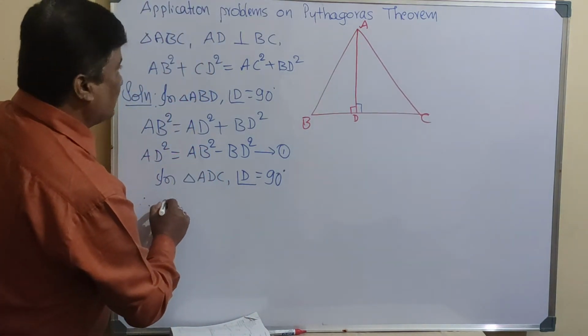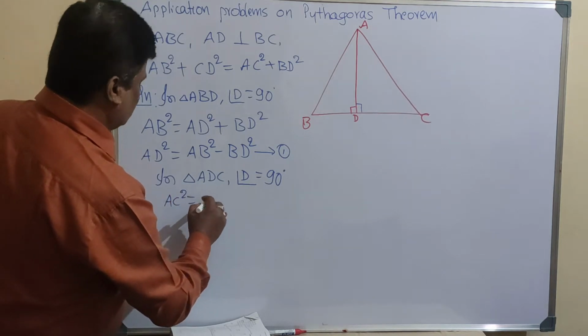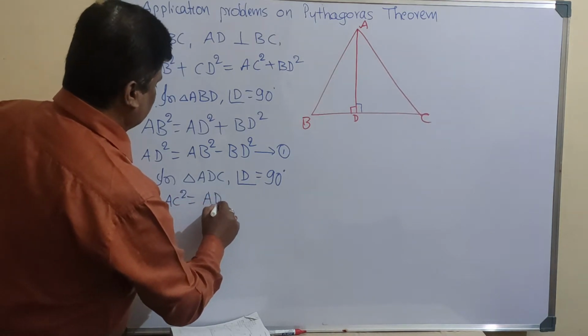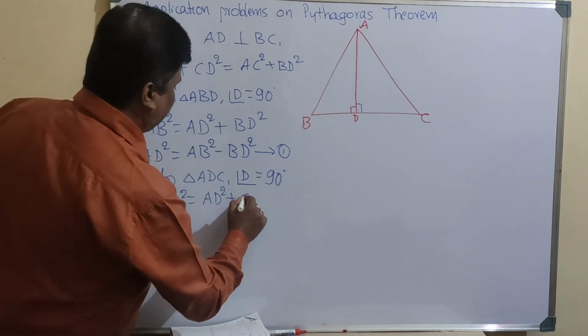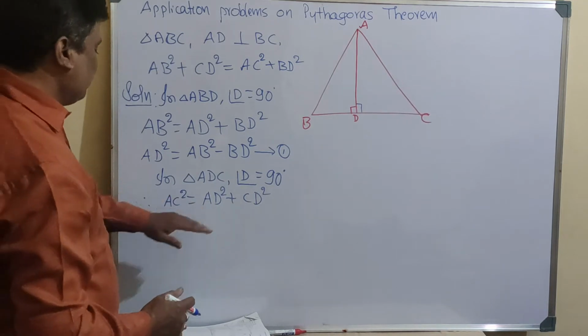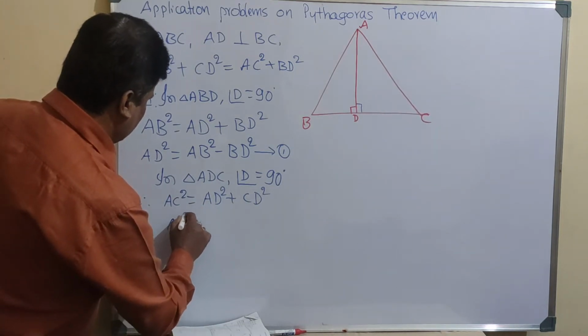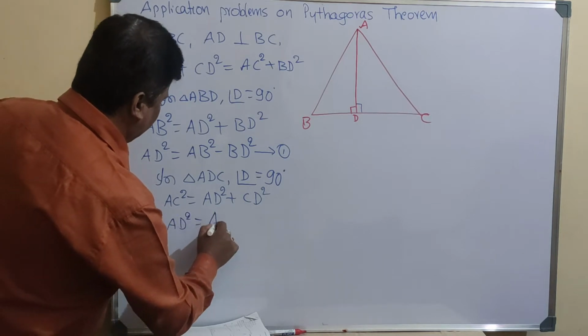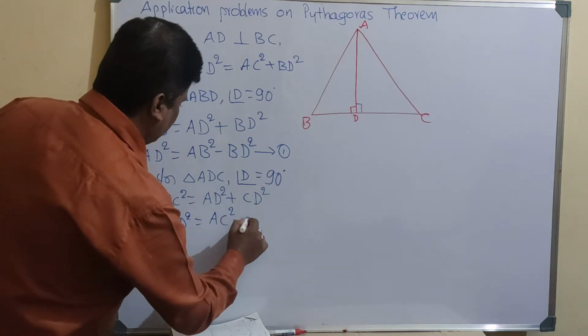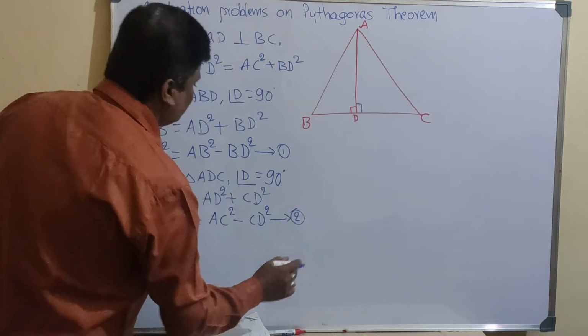Therefore, AC square, the square of the hypotenuse, is equal to the sum of the squares of the other two sides, that is AD square plus CD square. Once again, AD square is equal to AC square minus CD square. Let's call it equation 2.